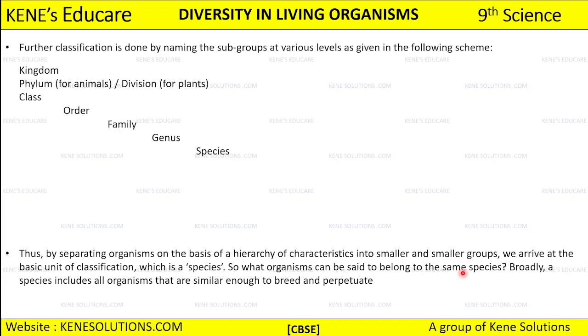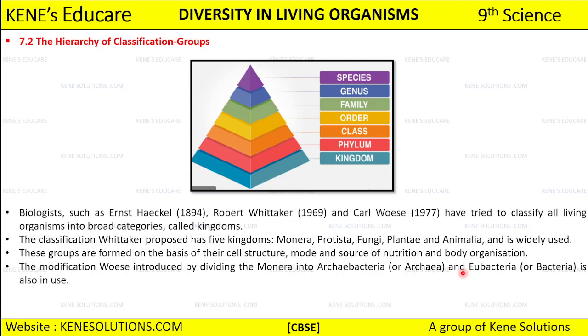So I want you all to make this hierarchy in your notebook. I'll give you 2 minutes for this. Make this hierarchy fast: kingdom, then we have phylum, class, order, family, genus and species. This should be in your mind. If I ask you what is the hierarchy of classification, you should say it clearly and fast, because this is one of the important concepts in biodiversity, which is separating the organisms into different groups.